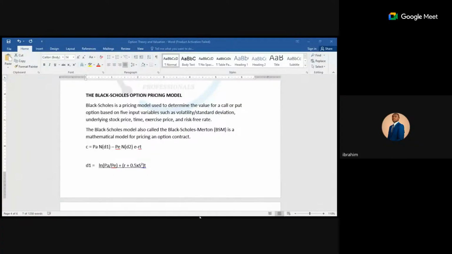Class, so how do we determine the value of call option? How do we determine the value of call option?